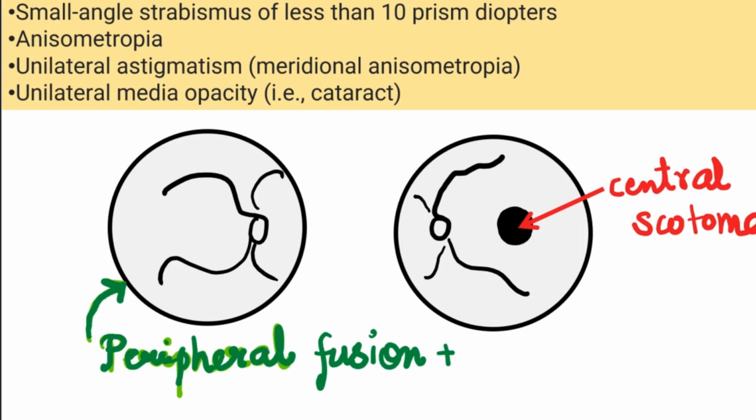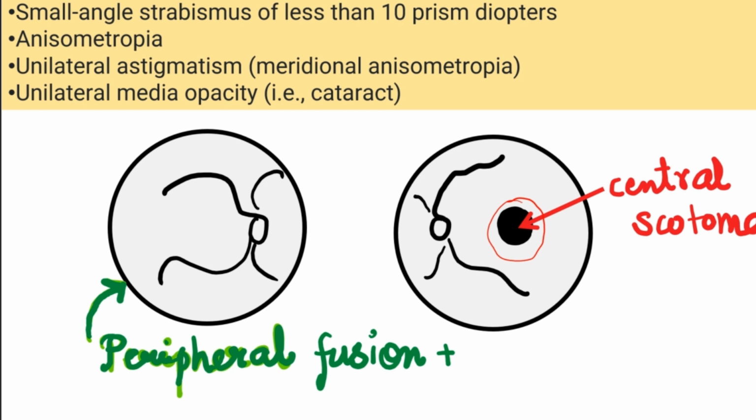In these cases, sometimes when you have a small angle strabismus of less than 10 prism diopters, or some minor problems like anisometropia or unilateral astigmatism, and sometimes even unilateral media opacity, the child will develop a central scotoma. It's a very small central scotoma that develops because of suppression. So that is why I told you that suppression is very similar. Suppression actually has a role in monofixation syndrome as well.